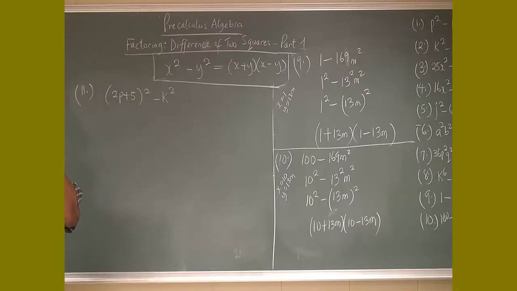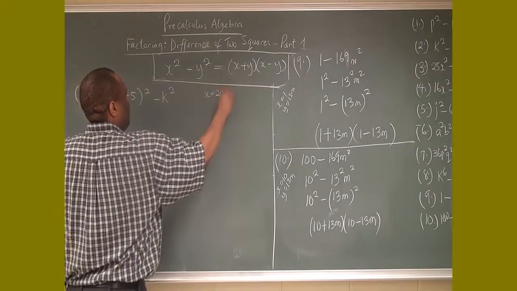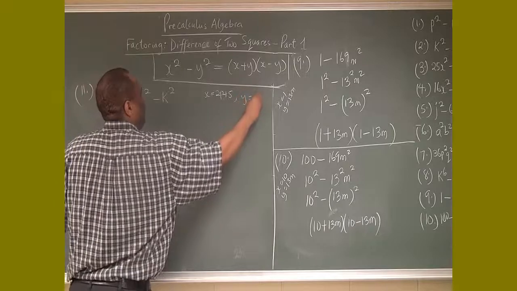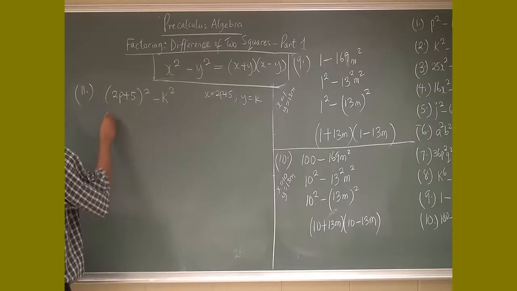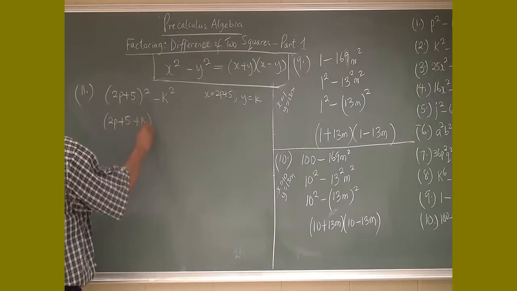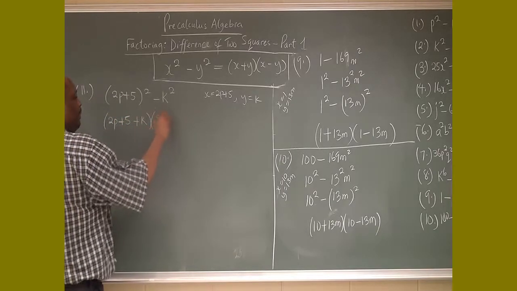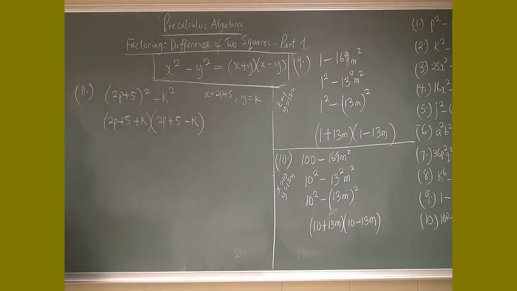This means that x is what? X is 2p plus 5 and y is what? K. Simple, that is what it means. So this will be 2p plus 5 plus k times 2p plus 5 minus k. That is as simple as that.